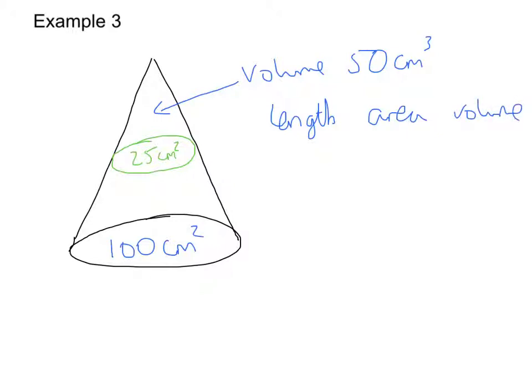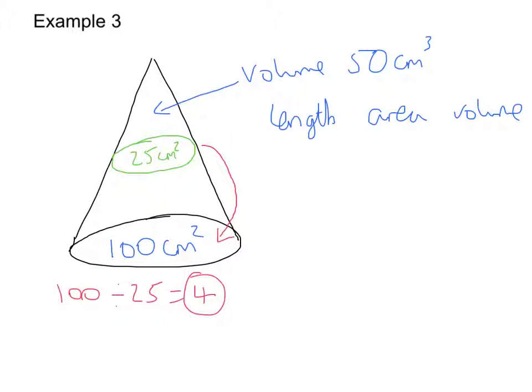Now we know that the area was 25. We know that that area has increased to 100. 100 divided by 25 gives me 4. So the scale factor of increase here is 4.